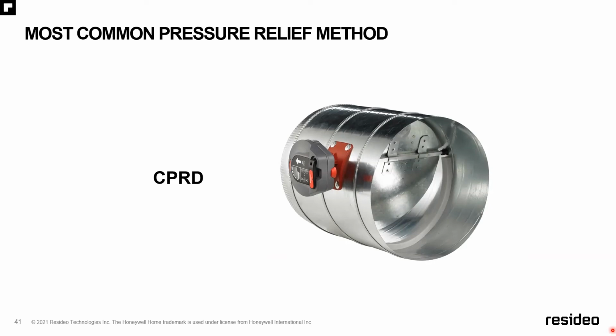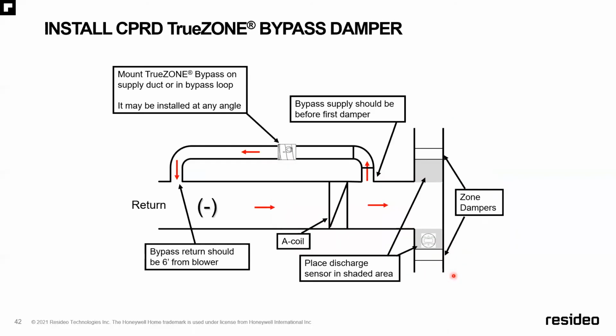Now the CPRD is near and dear to my heart because it is a significant breakthrough when it comes to bypass type dampers. Part of what we do is color code it, so the red plastic here, you know you're going to be using, and you'll see a red arrow on the regulator if you have multiple sizes at the job site.